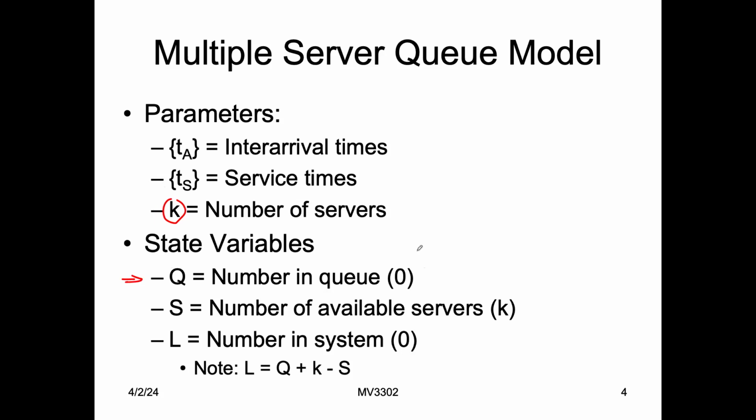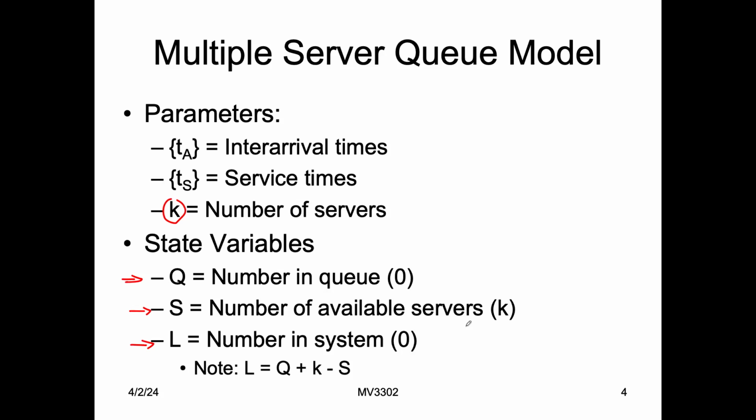That's a relatively arbitrary choice. We could start with a certain number in the queue, but typically we start empty and idle. S, our other variable, is the number of available servers, and that's initially going to be K. So if we have 3 servers, then initially we have 3 available servers. And then a variable which is often of interest is the total number in the system.